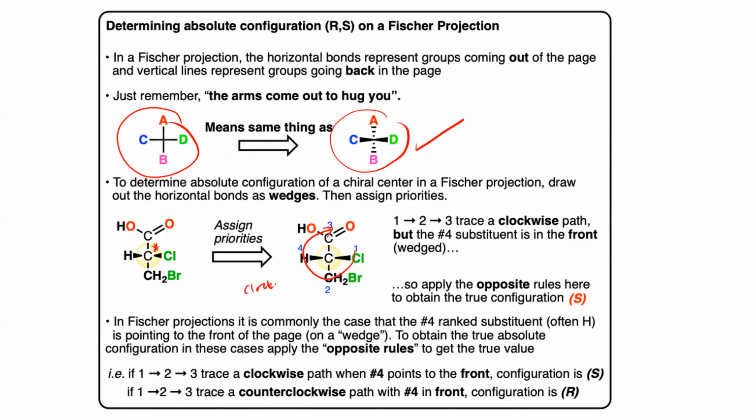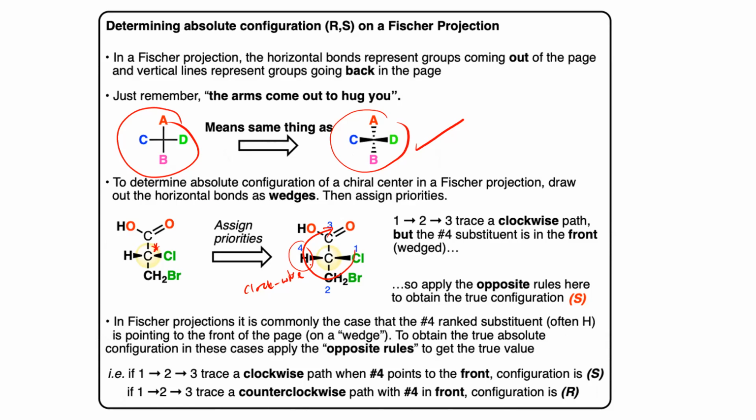So we assign the priorities and keep the lowest priority group away from us. Then we look at the other three atoms and see whether the arrangement is clockwise or anti-clockwise. If it is clockwise, we label it R. If it is anti-clockwise, we label it S. But in Fischer projections, we don't have to hold the lowest priority group away from us.